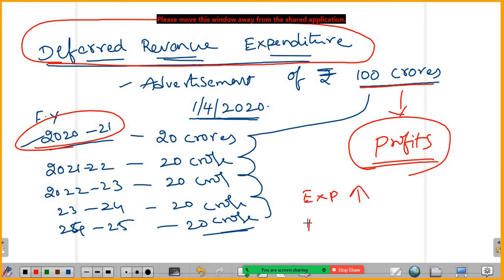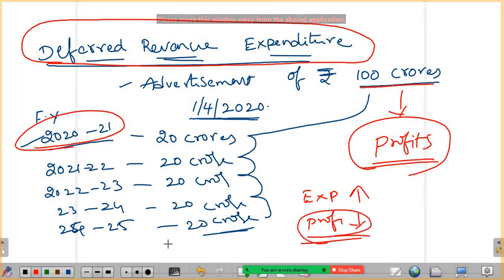So for this reason they spread this amount into different years. That is what deferred revenue expenditure is.